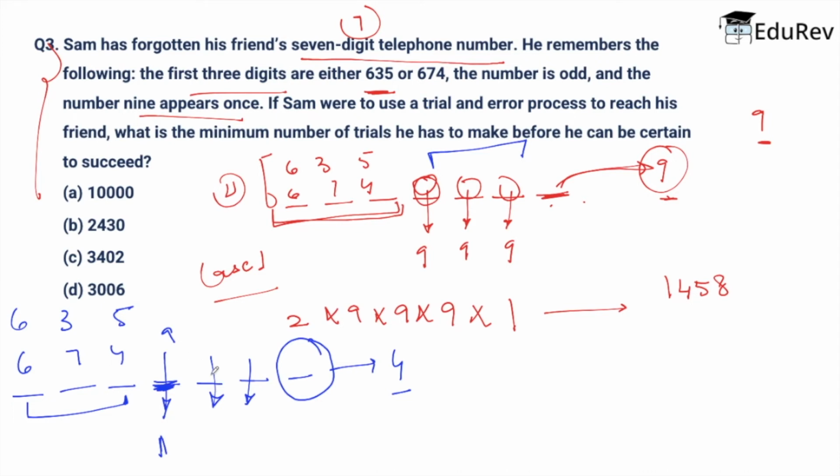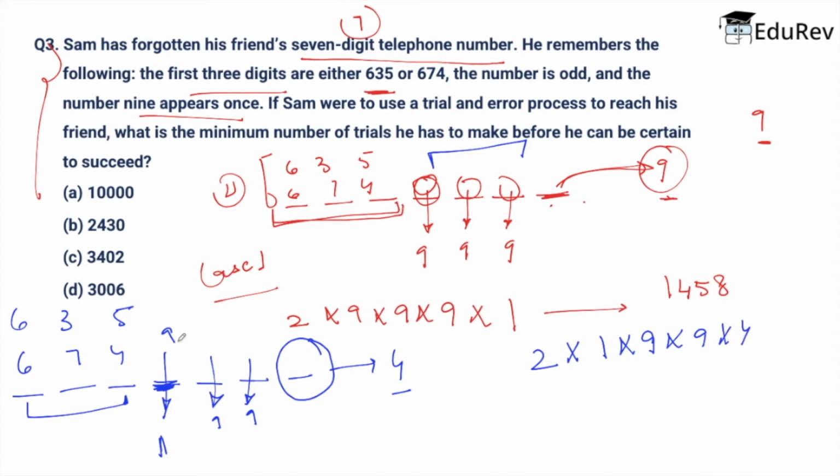Now, because 9 can only occur once, out of 10, I will have only 9 numbers to fill places 5 and 6. So there are 9 ways to fill this place and 9 ways to fill this place. So to calculate this, there were 2 ways to fill the first three, 1 way to fill the 4th one, then 9 ways to fill this, then 9 to fill this and 4 to fill this.